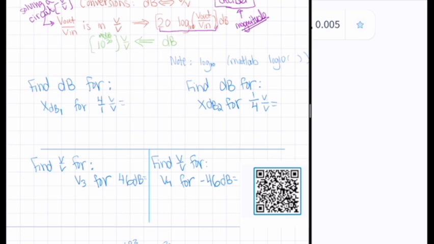So XDB1 should be the dB for 401. Those are just variable names. Somebody asked me that question.